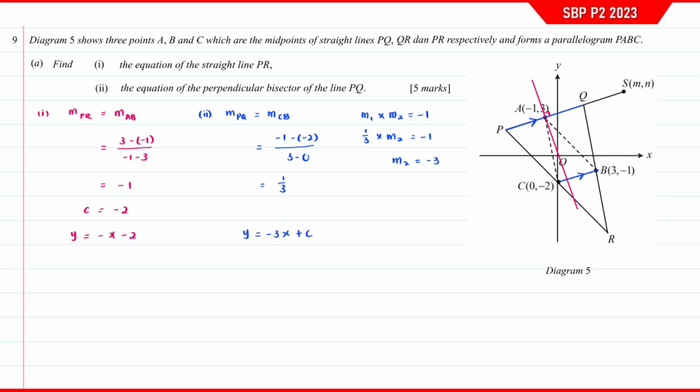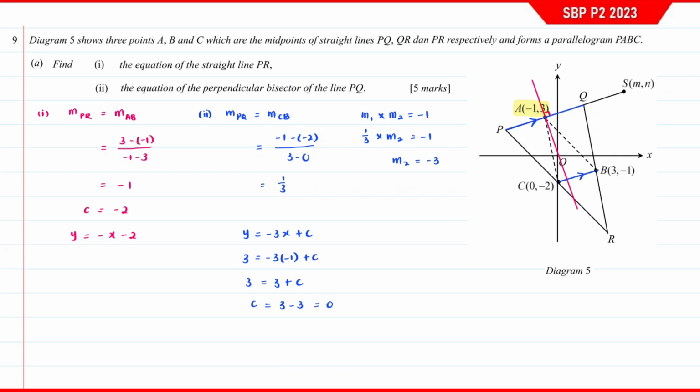To find c, we substitute the coordinates of A into the equation. So 3 equal to -3 times -1 plus c, so 3 equal to 3 plus c. So c equal to 3 minus 3, which is equal to 0.